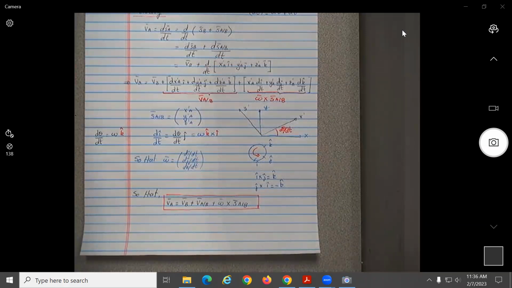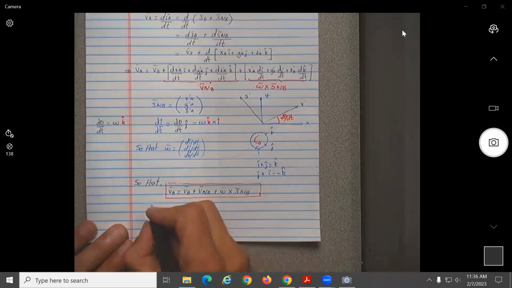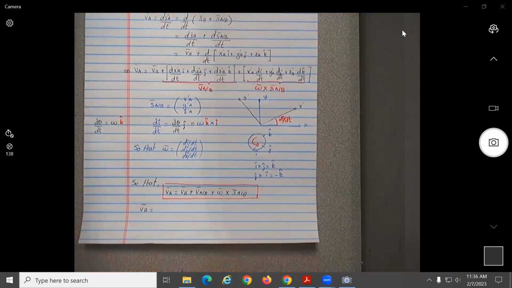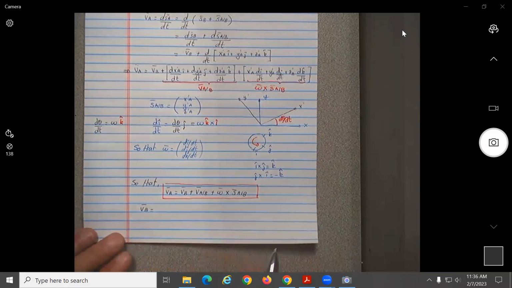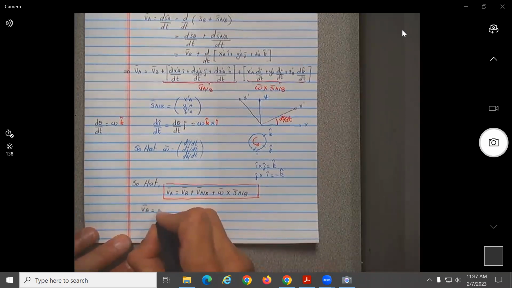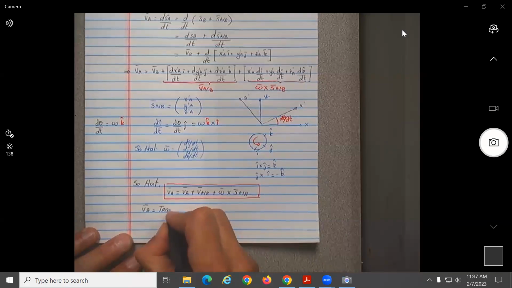What's important here to know is that, remember, we always say that the motion can be divided into translation and rotation. So we need to have translation and rotation. So VB is what? What type of velocity is it?